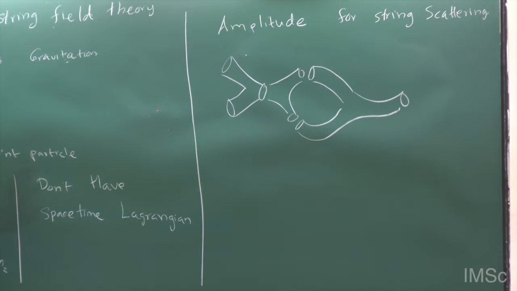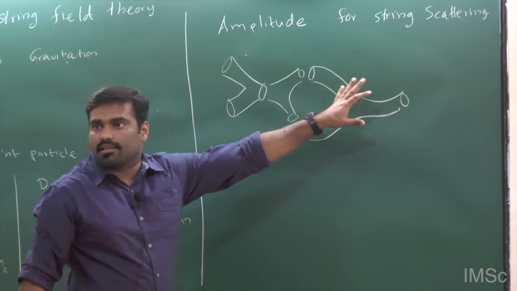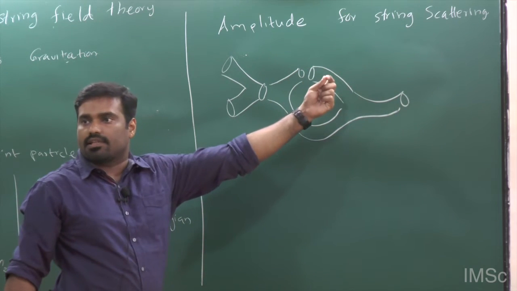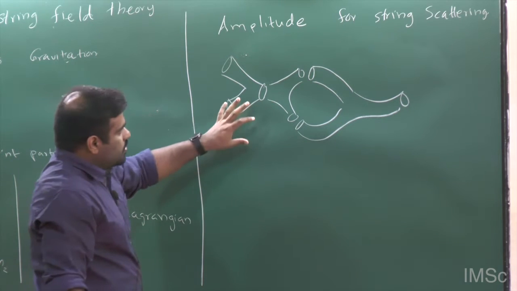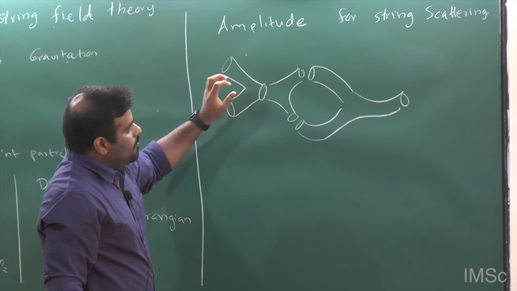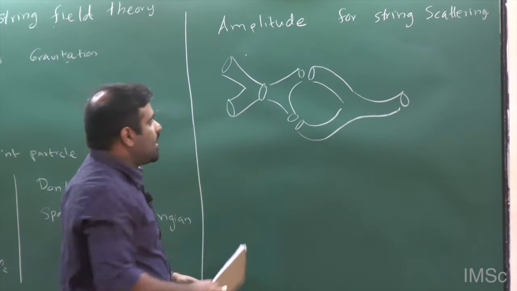So at the end, what you get is a world sheet having some number of handles and some number of external states in it. This way you can produce all the Feynman diagram analogs in string theory. So these are the string diagrams.